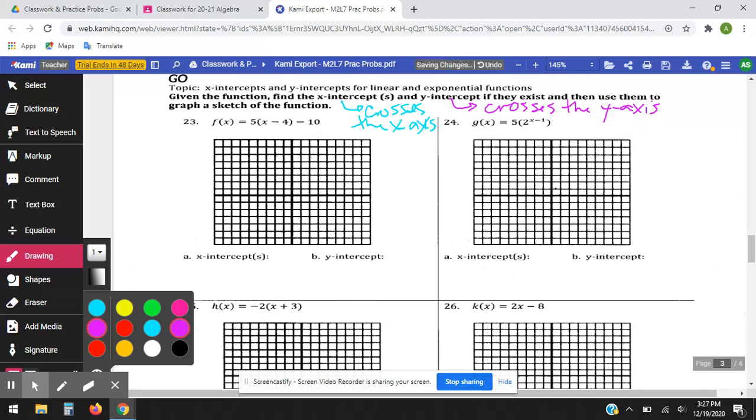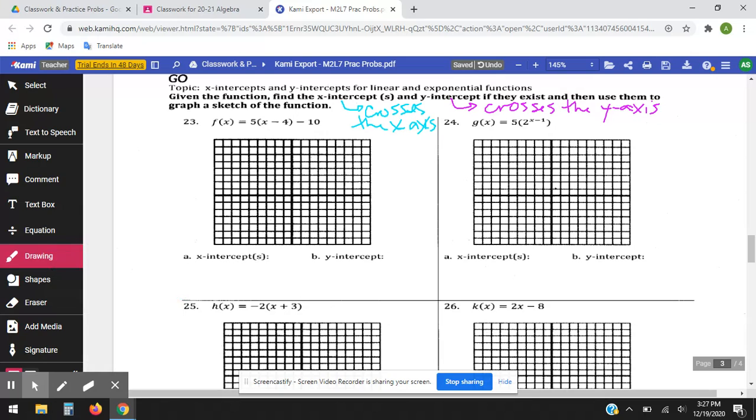So in other words, as we're filling these in, the x-intercept is going to be when y equals 0, because that's when it crosses the x-axis here. And the y-intercept is going to be when the x equals 0, because that's when it crosses our line up here. So let's go ahead and get this into y equals mx plus b. We can distribute our 5 to get out of the parentheses.